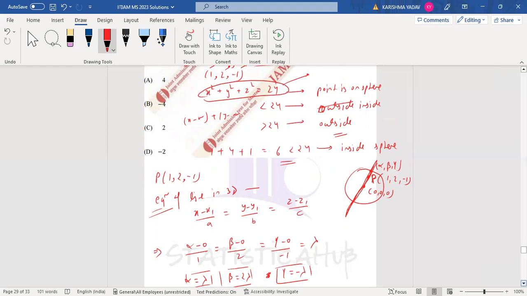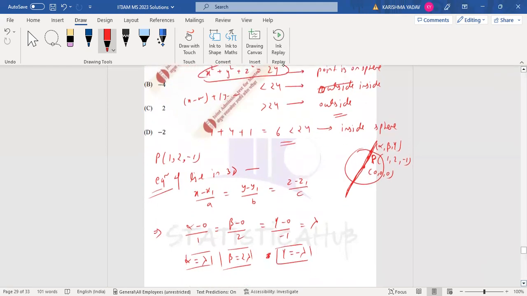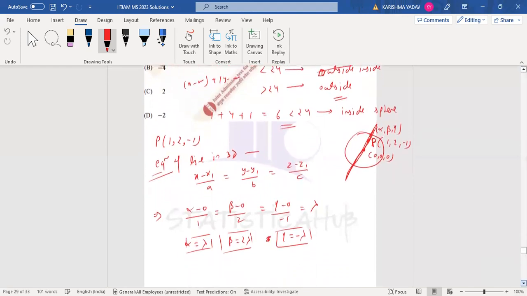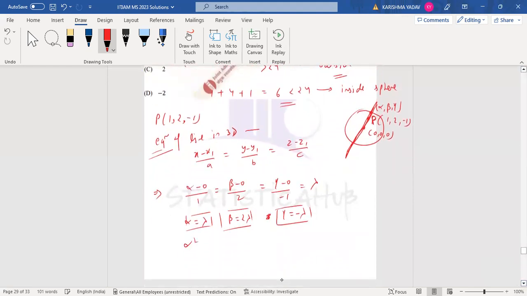So let's put these alpha, beta, gamma values into the equation, naming it first: alpha square plus beta square plus gamma square equals 24. So lambda square plus 4 lambda square plus lambda square equals 24, which gives 6 lambda square equals 24. Then lambda square equals 4, so lambda equals plus or minus 2.